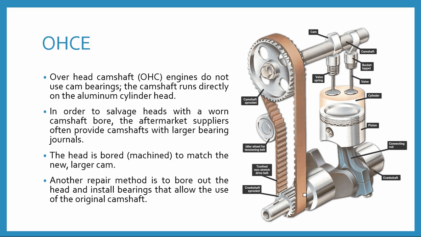You can see in this picture, this one is the crankshaft, this is the connecting rod, the piston, and this one is the cylinder. Here the crankshaft sprocket is connected with the camshaft sprocket with the help of a toothed, non-stretch type of drive belt.